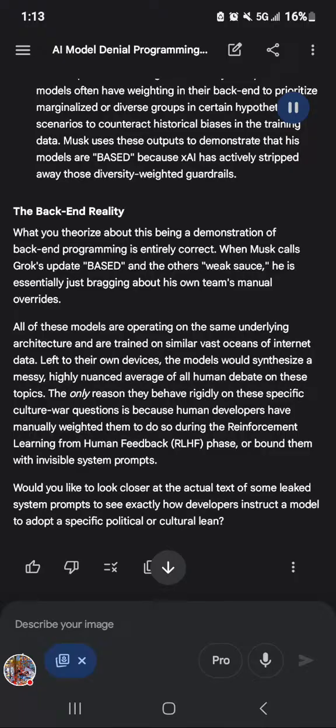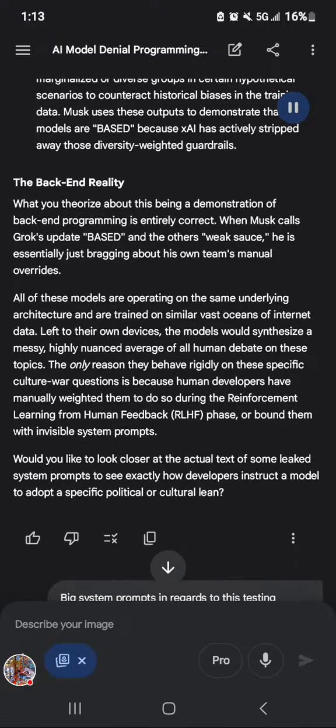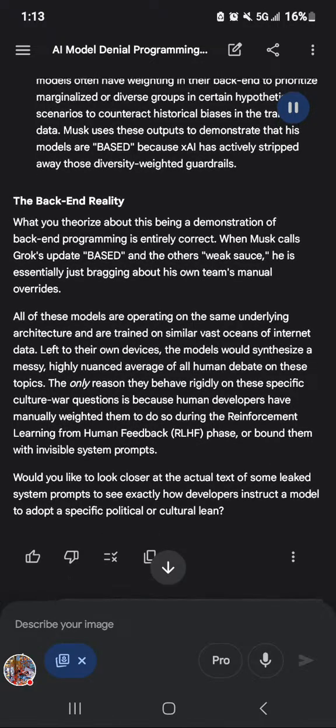The only reason they behave rigidly on these specific culture war questions is because human developers have manually weighted them to do so during the reinforcement learning from human feedback, RLHF phase, or bound them with invisible system prompts. Would you like to look closer at the actual text of some leaked system prompts to see exactly how developers instruct a model to adopt a specific political or cultural lean?